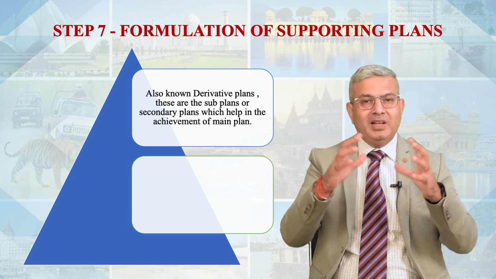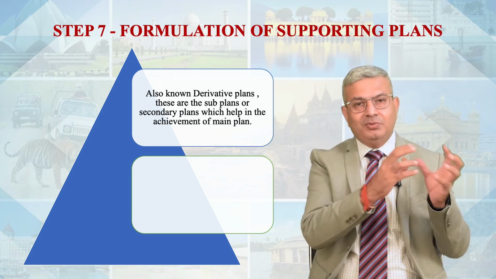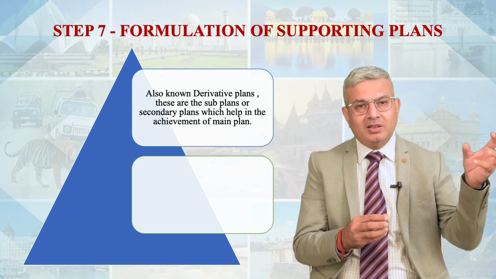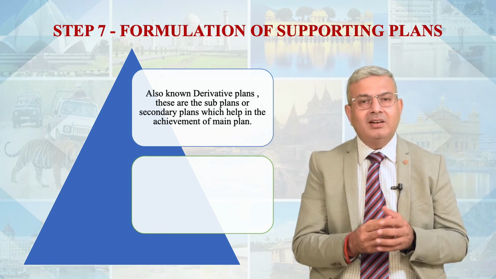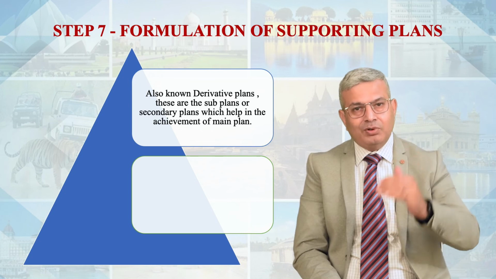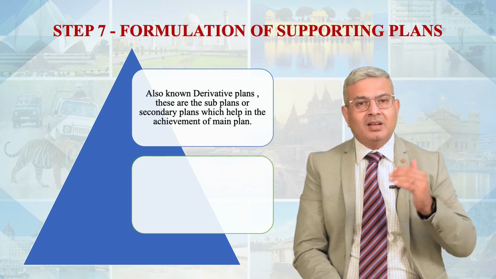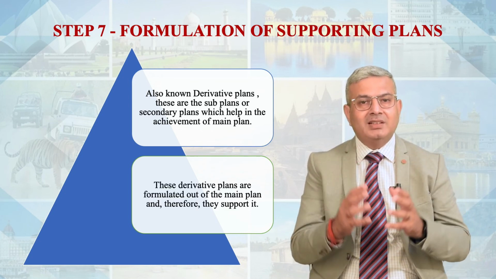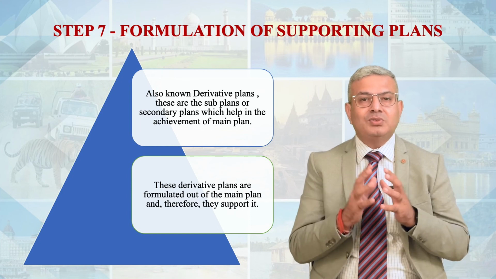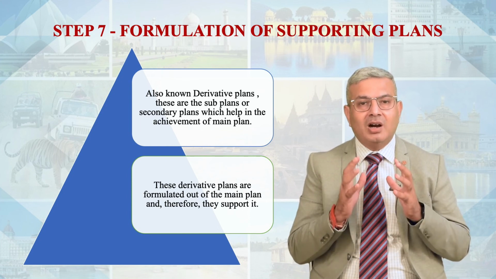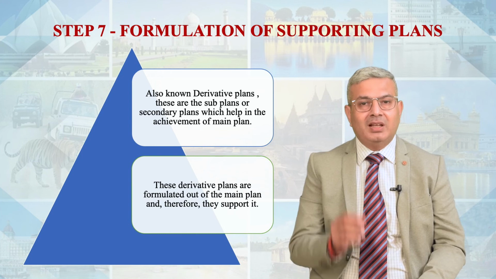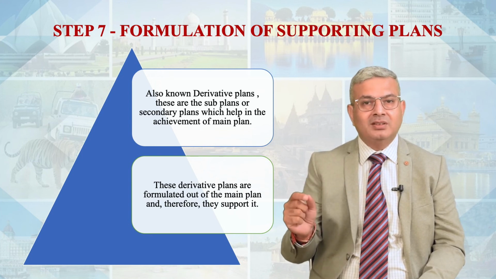So once the main plan is in place, the word derivative means that all the sub plans or the secondary plans are derived from the main plan, and these derivative plans are always formulated out of the main plan, and therefore they support it. So a broader plan is then broken up into more sub plans, which ensures that no mistake is committed.